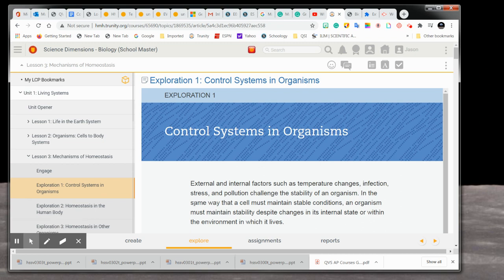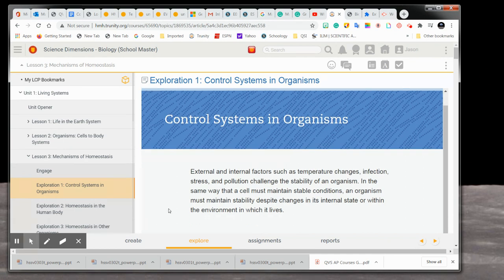Hello, biology students. Today we're going to get into a little bit more in depth about the process of homeostasis and how the body control systems work specifically. In general, we have lots of internal and external factors such as temperature changes, infections, stress, pollution.